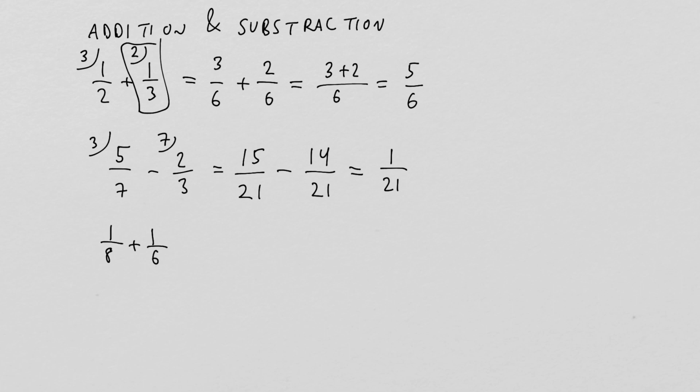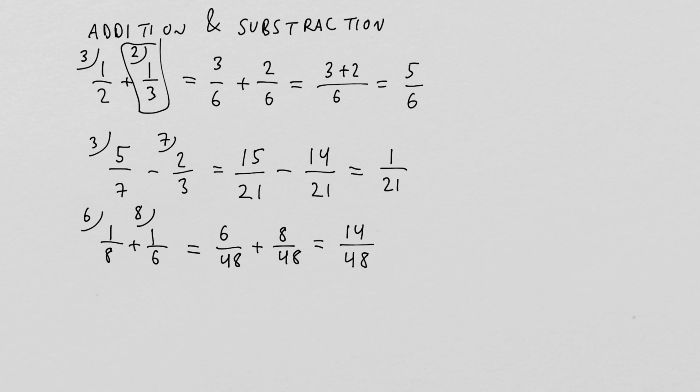Let's calculate 1/8 plus 1/6. One strategy would be to multiply the denominators and numerators by these numbers, and we would get 6 over 48 plus 8 over 48. 6 plus 8 is 14.